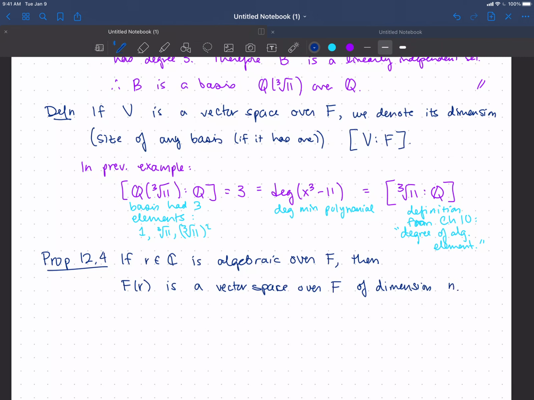And using our notation, what that means is that this dimension, which I write using my brackets and colons, which is old school for writing ratios, you kind of think of this as a ratio, the size of one thing relative to the size of another, is equal to the degree of the algebraic element r, I should say, algebraic over F of degree n. Sorry, left that out.